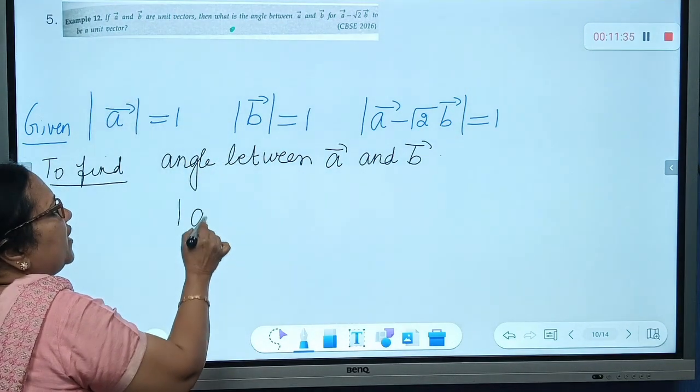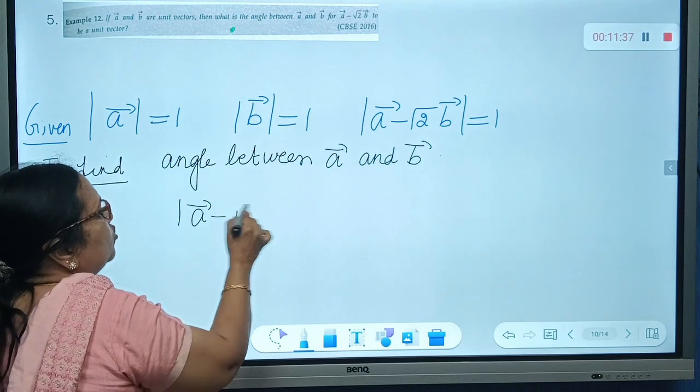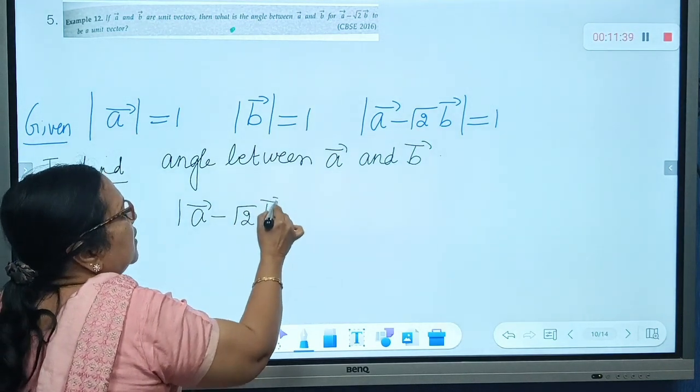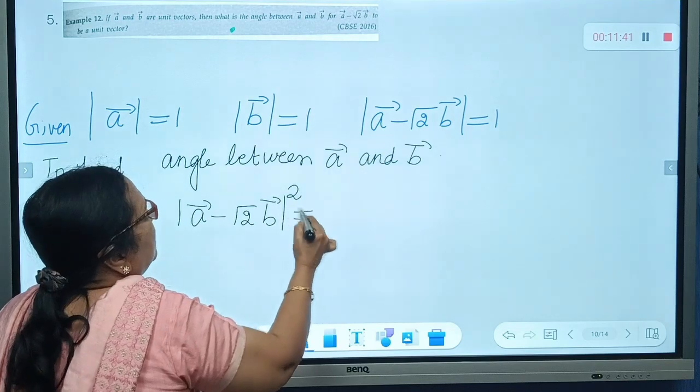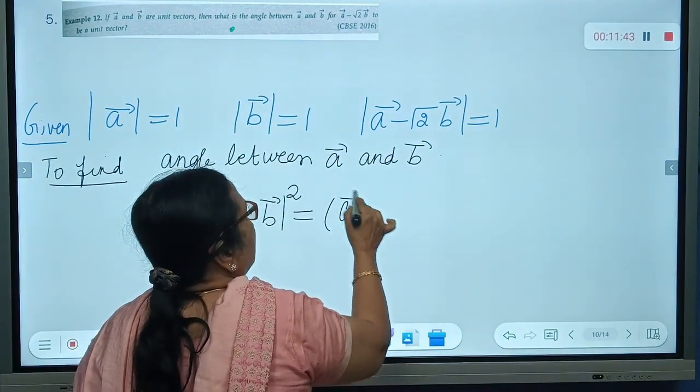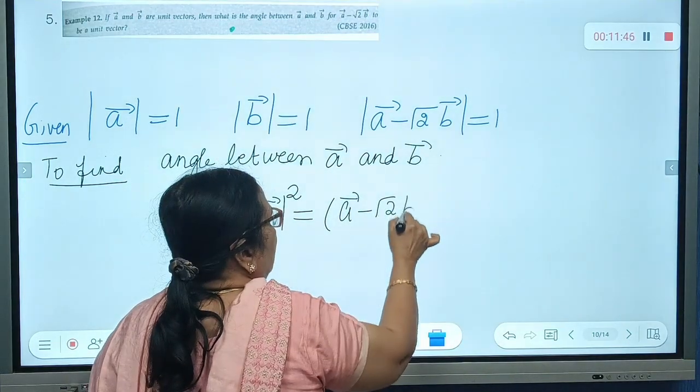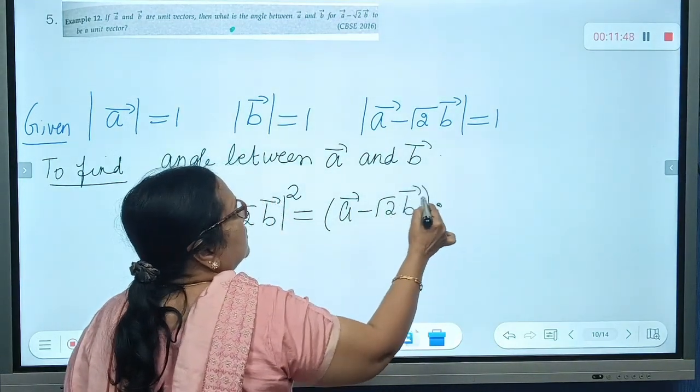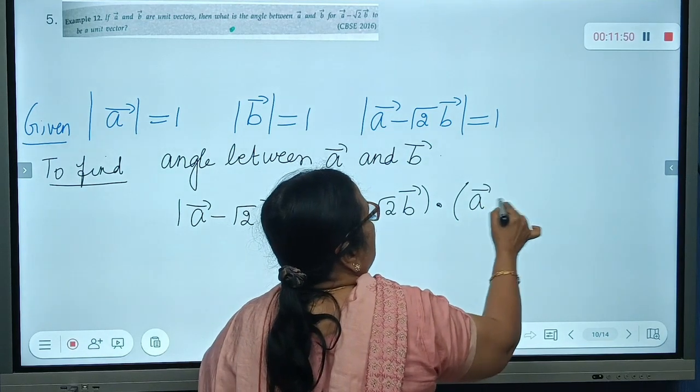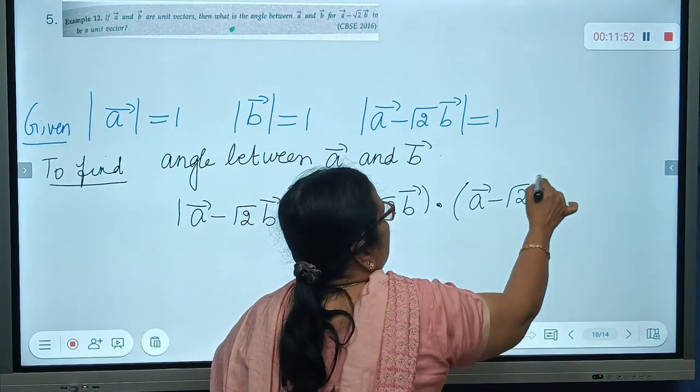So, modulus of A vector minus root 2 times B vector, the whole square, will be equal to A vector minus root 2 times B vector dot A vector minus root 2 times B vector.